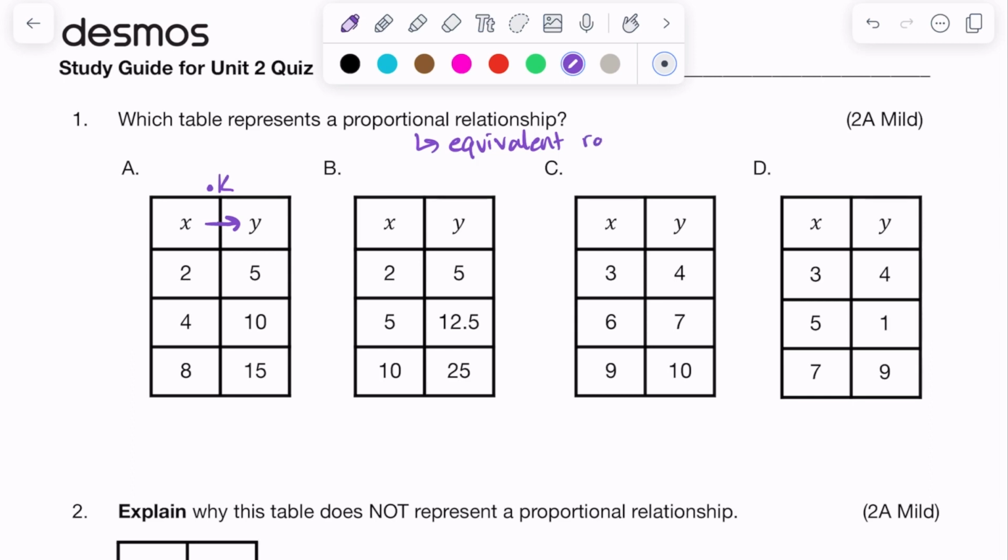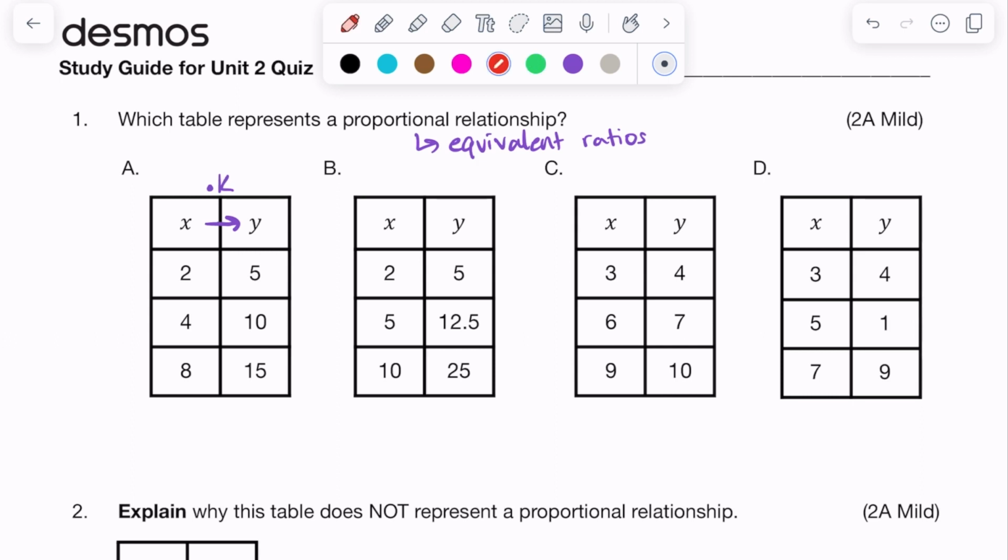Right, so we're going to do y divided by x here, or this divided by this in this case, 10 divided by 4, 15 divided by 8, and we should get the same number each time, which will be that constant of proportionality.